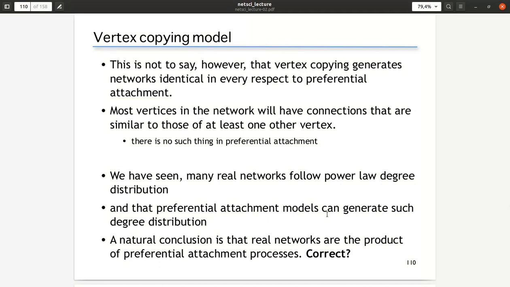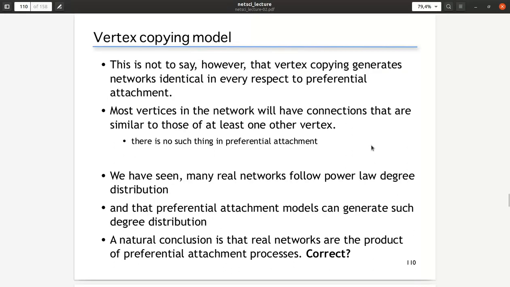Well, after this we can maybe argue that if this is the case, then the vertex copying model maybe can generate all the networks which are following this preferential attachment attitude. Okay, so then all the networks are identical in every respect to preferential attachment.